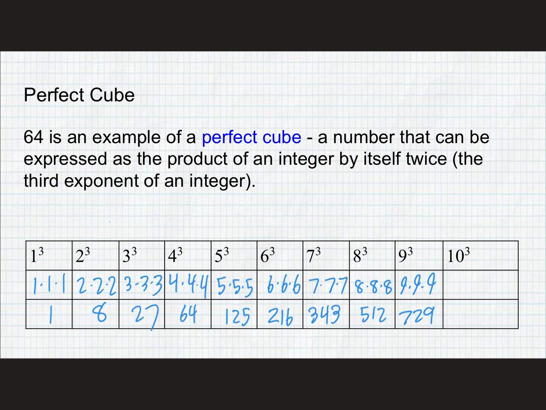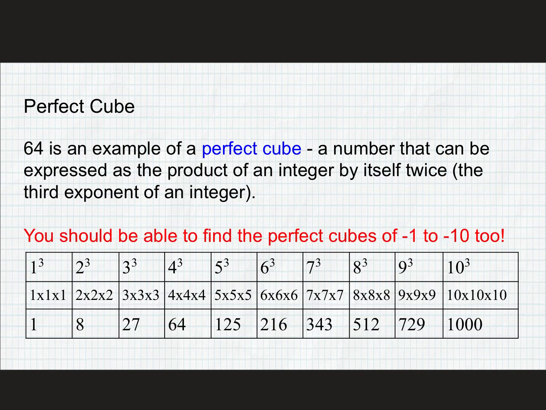Now this just keeps on going until we get to 10 cubed, which is 10 times 10 times 10, or 1,000. Now, in addition to the first 10 perfect cubes, you also need to be able to find the perfect cubes of their opposites, so -1 to -10.